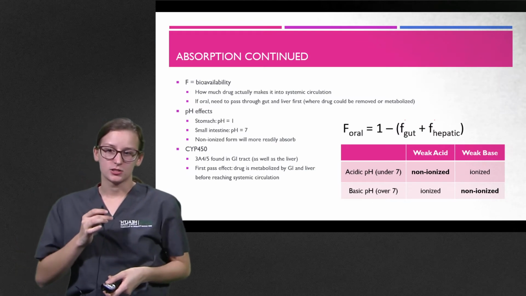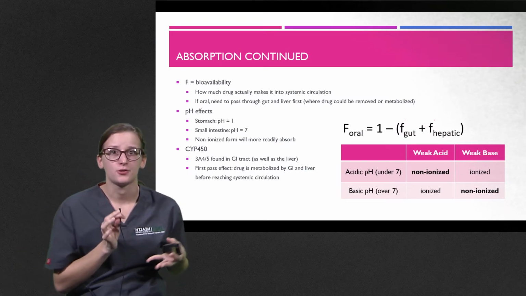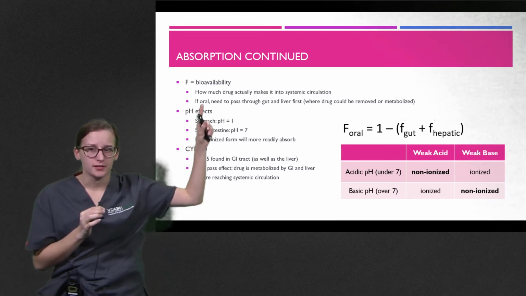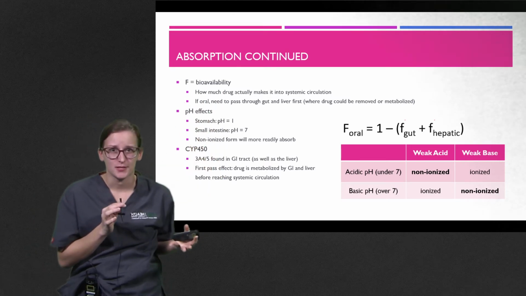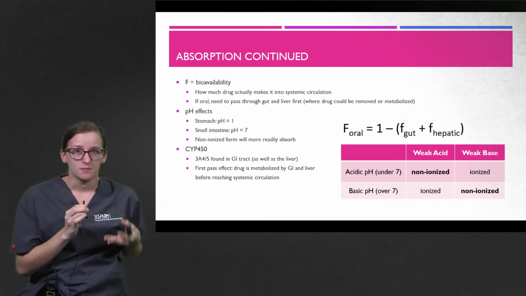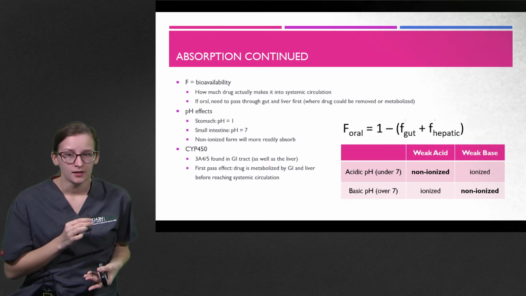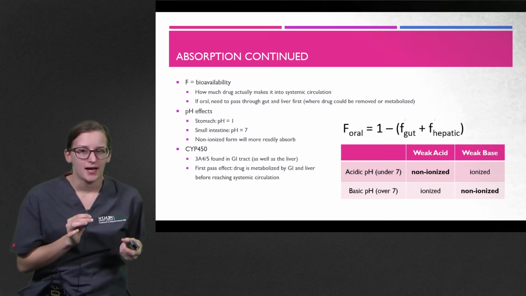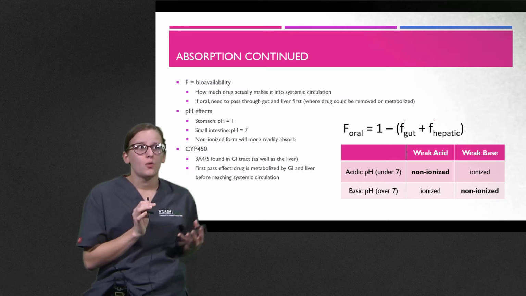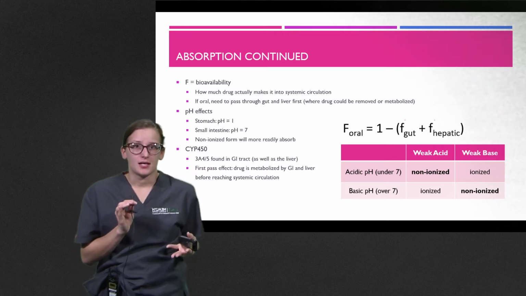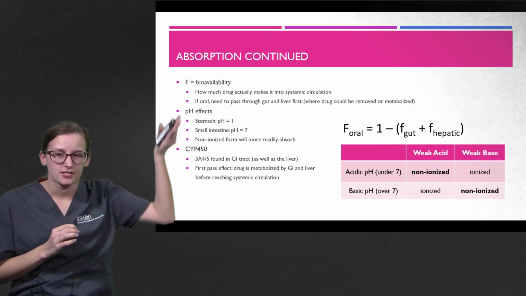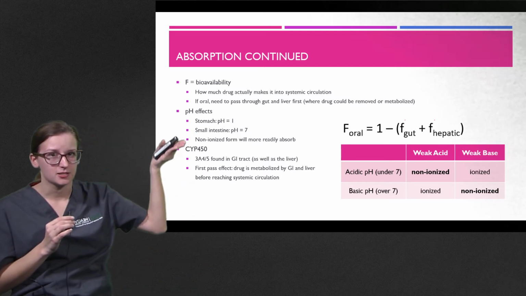All right, and to continue the different mathematical considerations of absorption, we have to consider bioavailability. Not everything is going to be absorbed 100%, so we need to make sure that we know how much drug actually makes it into the bloodstream. So if it is oral, it needs to pass through both the gut, and it has to either survive or work with the liver in order to get absorbed. For pH, once again, here are some pHs that can affect absorption.